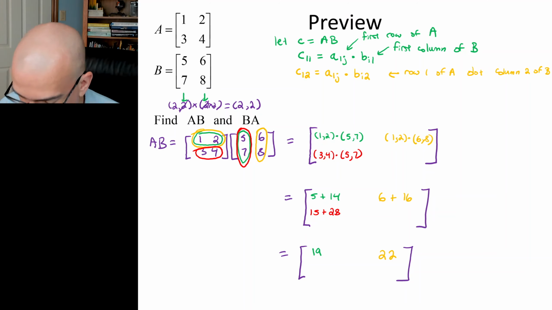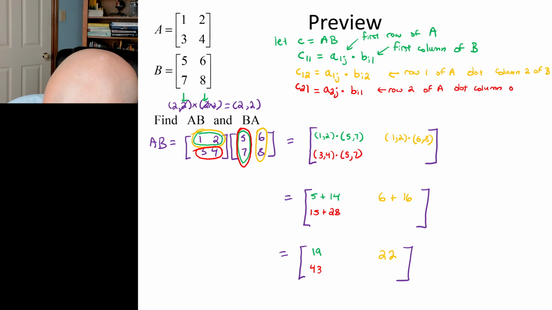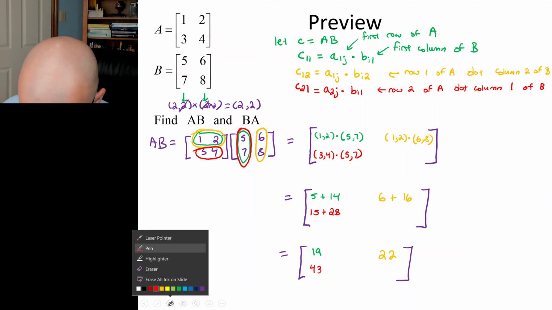And then I should put that up above. This is C21, and it's A2J dot product BI1, row 2 of A dot column 1 of B.